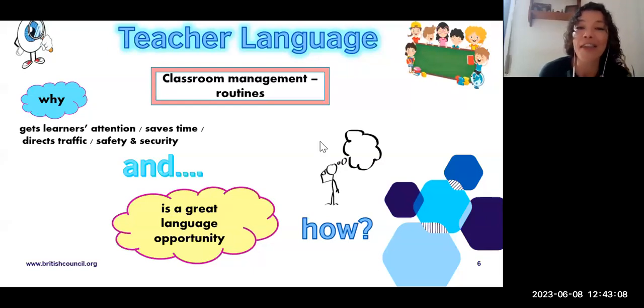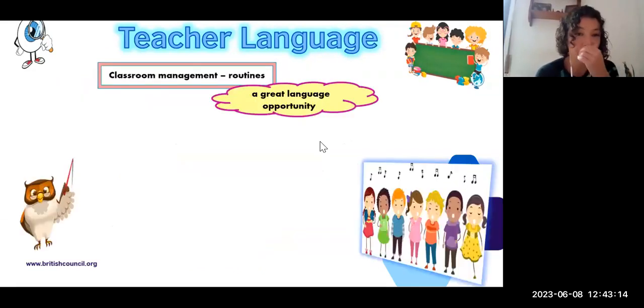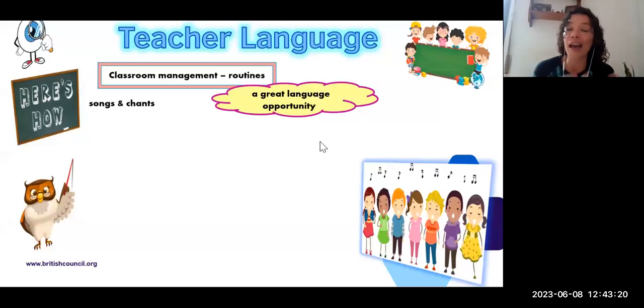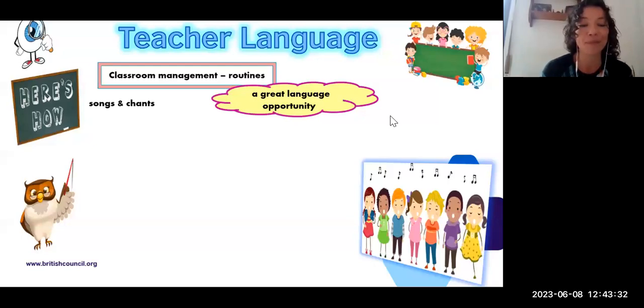Let's find out together then how we can use our routines to really also maximize language. Okay, so here's how. Now we're going to start off by looking and analyzing a little bit of song and a chant. So I'm going to sing, I'm sorry, in advance. And you're going to sing wherever you are at home, you're going to sing back. Here we go.